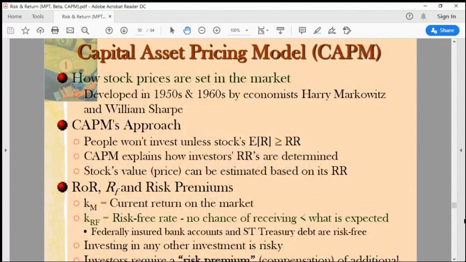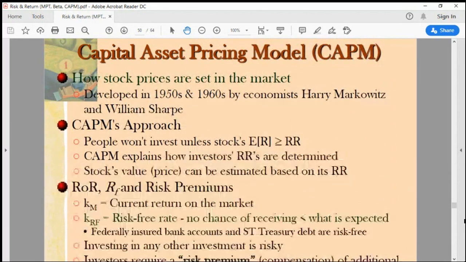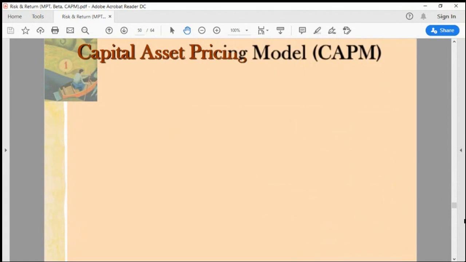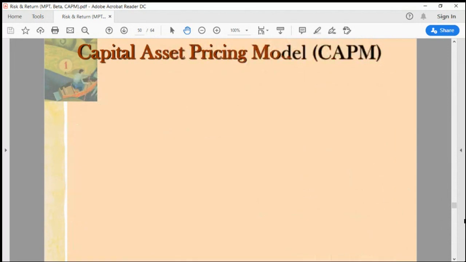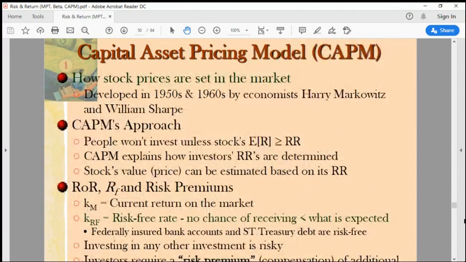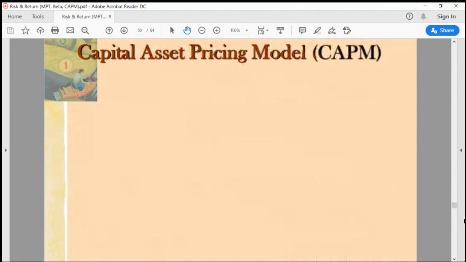It is actually the model to calculate the required return. You understand? The required return is the discount rate used in the stock pricing model. Remember the dividend discount model? In the dividend discount model, there is always a required return, and it was given all the time. I told you, we are taking it as given.